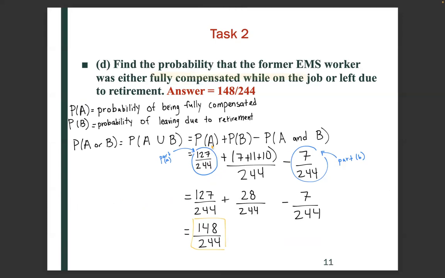So we take the probability of A, plus the probability of B, and subtract the probability of A intersect B. When you simplify and solve all the math, you get 148 divided by 244.